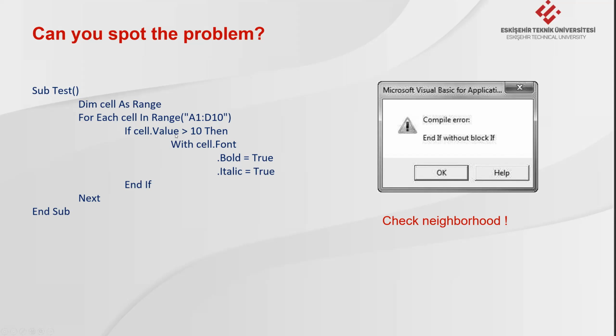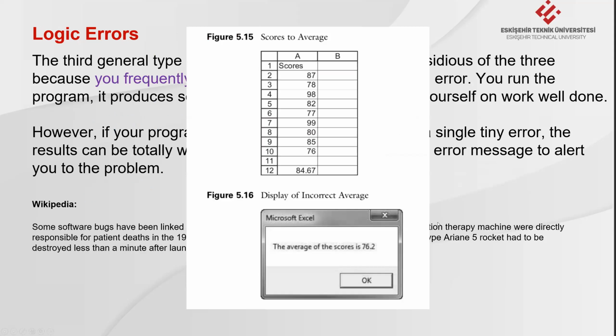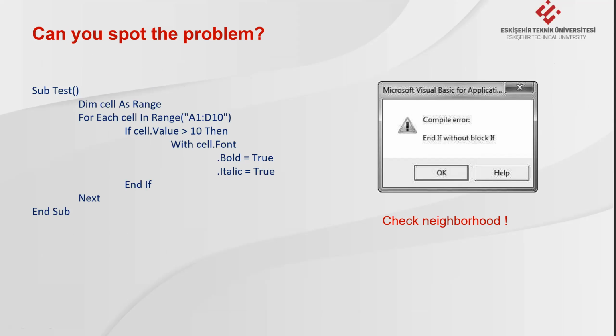And so it says something to try to see the End If part in here. It says End If without If. But the problem is End With. So if you check, the first thing that Visual Basic Editor says, check the neighborhood. It's a general rule for the debugging in Visual Basic.